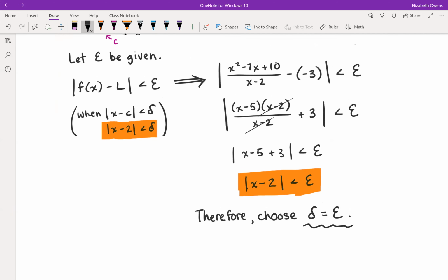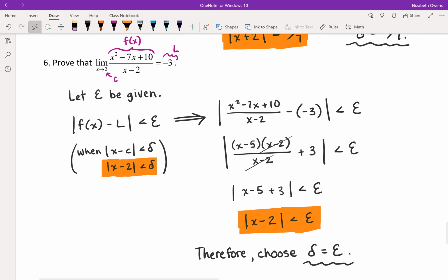So if someone gave you an epsilon of, say, something very, very tiny, like 1 times 10 to the negative 20th power, that would be them telling you, I want you to get so very close to L along the y direction. 1 times 10 to the negative 20th, that's so, so close.